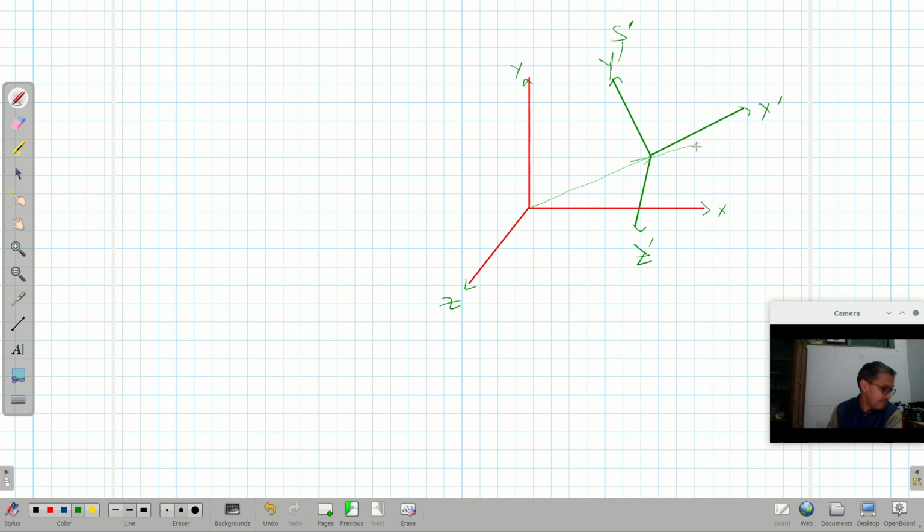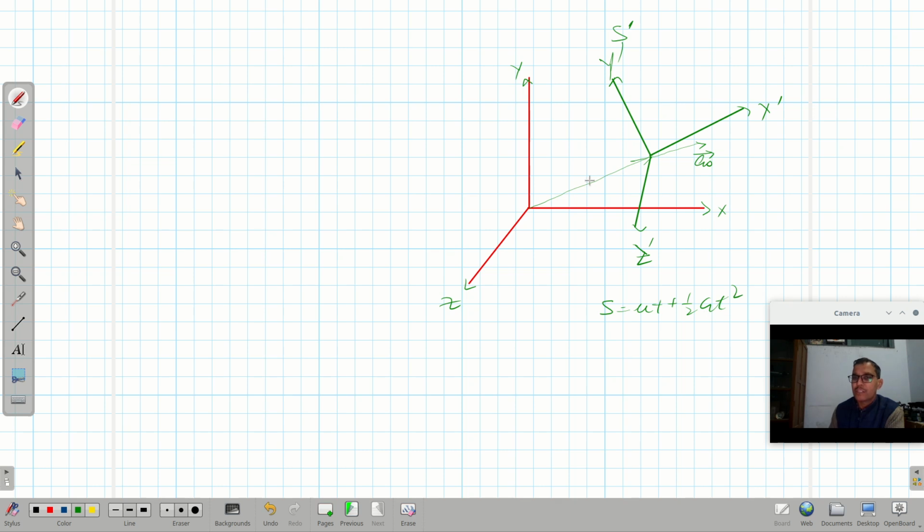This frame of reference is moving in this direction with the acceleration, say a0. So how much distance has it traveled when both frames of reference start from this point? As we know, the distance traveled is equal to ut plus half at square.